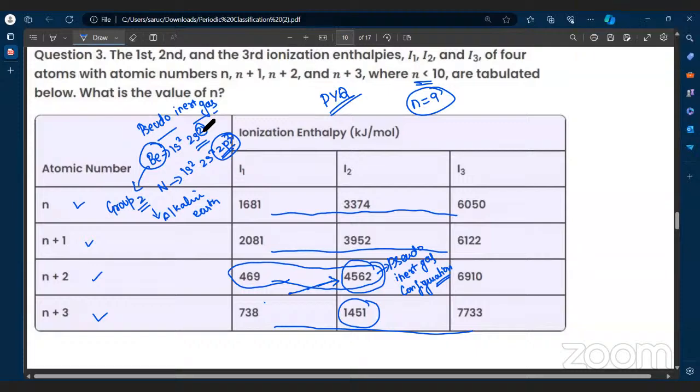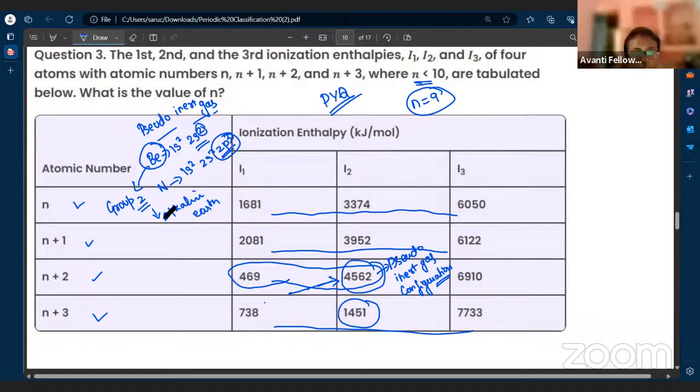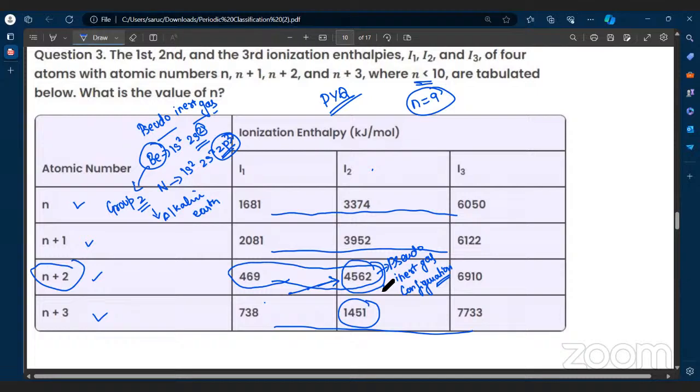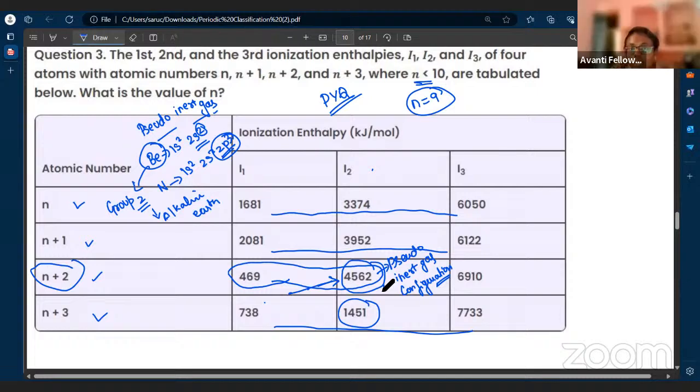This is for n plus 2, and here I'm going with the second ionization energy. The second ionization energy is high, which means I will remove the first electron easily. After removing it, the second electron will be from the pseudo inert gas configuration.